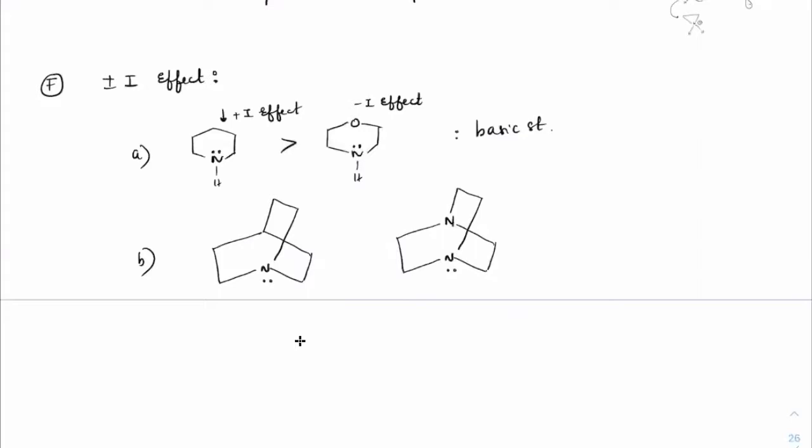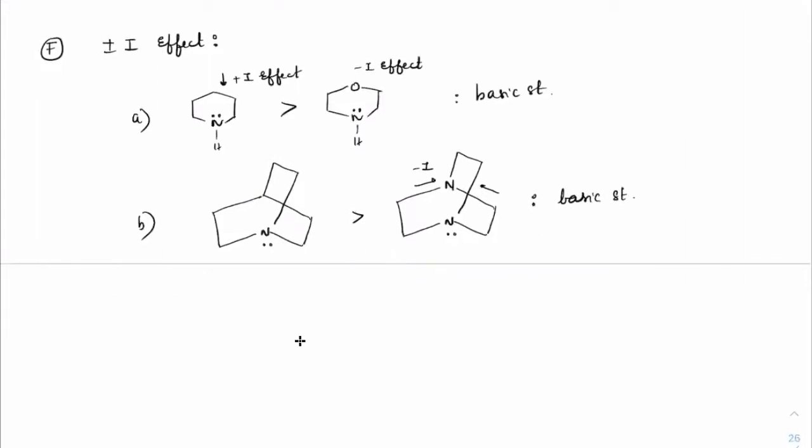Now here, one nitrogen will give minus I to the other nitrogen, because this nitrogen is a pulling group. So this will give minus I effect towards the available lone pair of the next nitrogen. So between these two, if we consider, which will be more basic, beta? First one will be more basic strength. Make a note of these two examples.